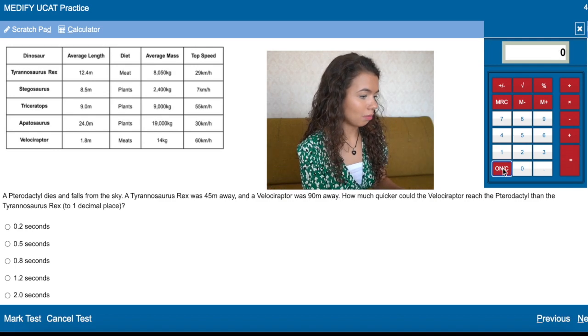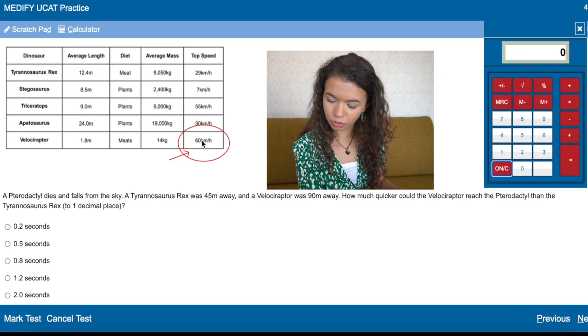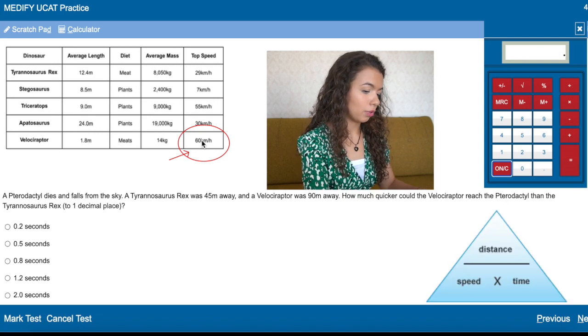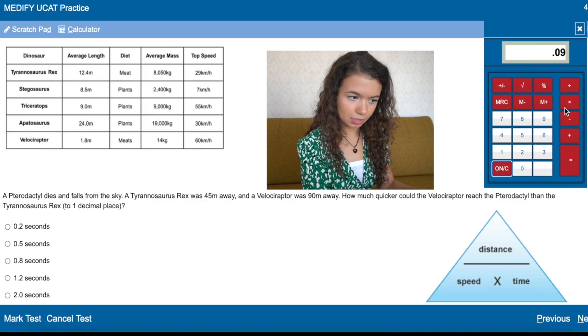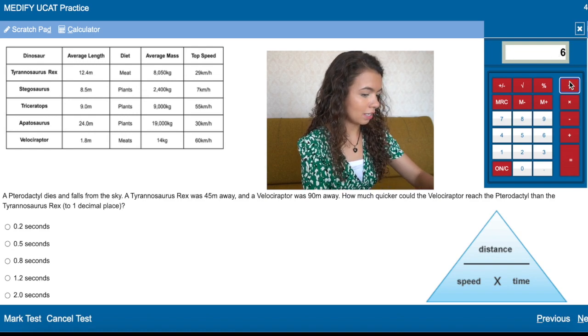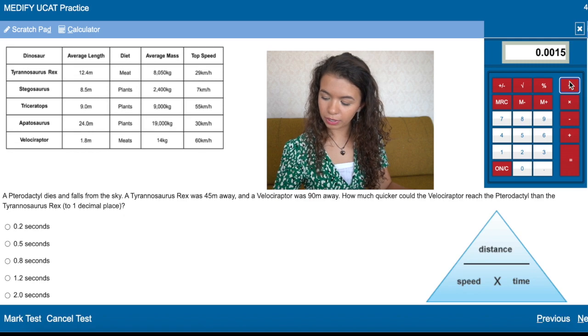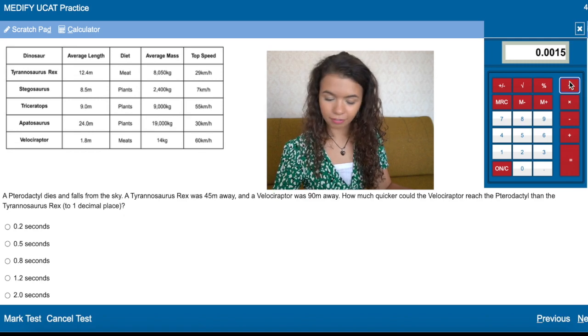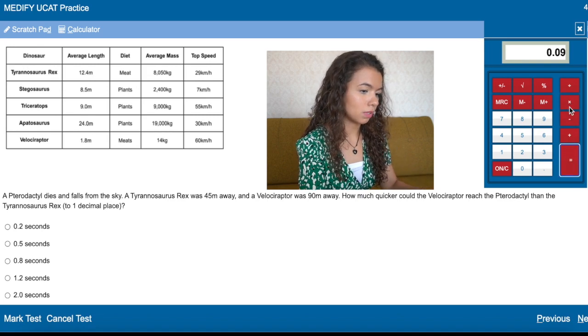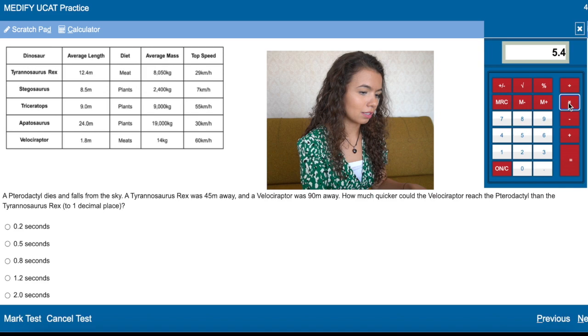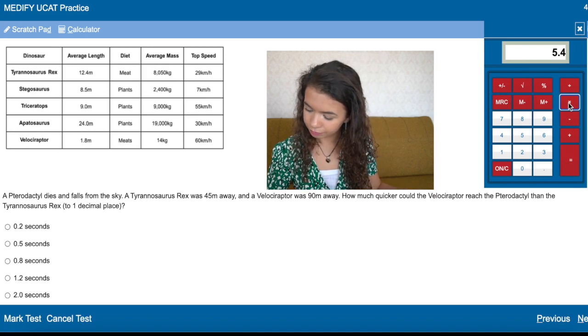We're next going to do the same thing for the Velociraptor. So here its speed is 60 and the distance was 0.09. 0.09, which is the distance, divided by the speed, which is 60, is 0.0015 in hours, multiplied by 60 to get it in minutes, and multiplied by 60 again to get it in seconds, and we have 5.4.